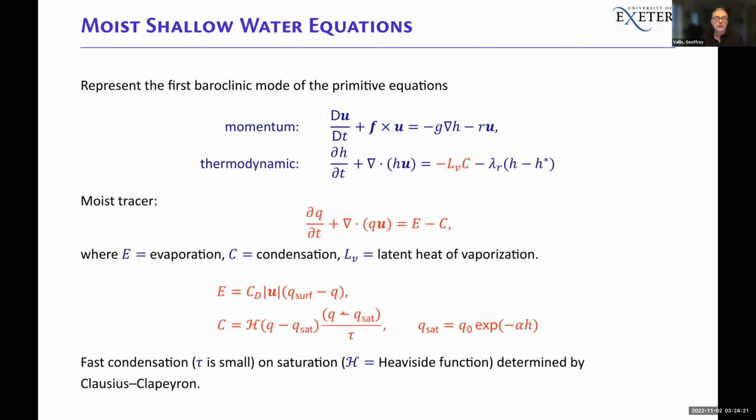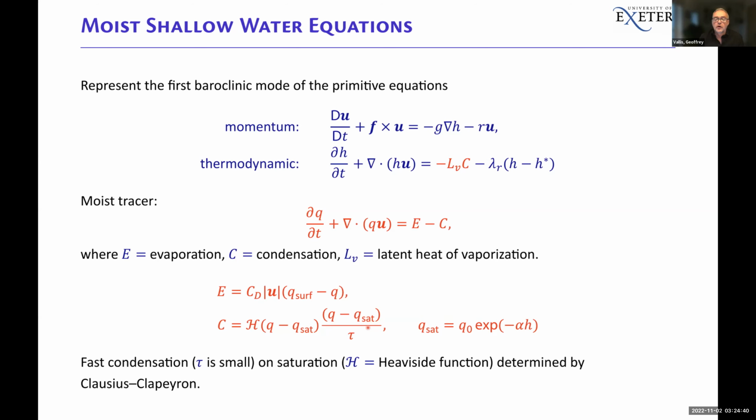And it rains quite quickly, so that the value of Q never exceeds Qsat. Qsat is just a saturation value, and that's determined by a Clausius-Clapeyron-like equation.